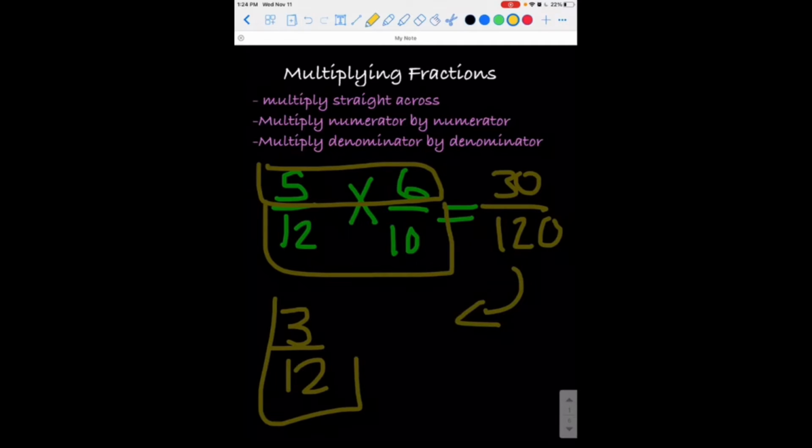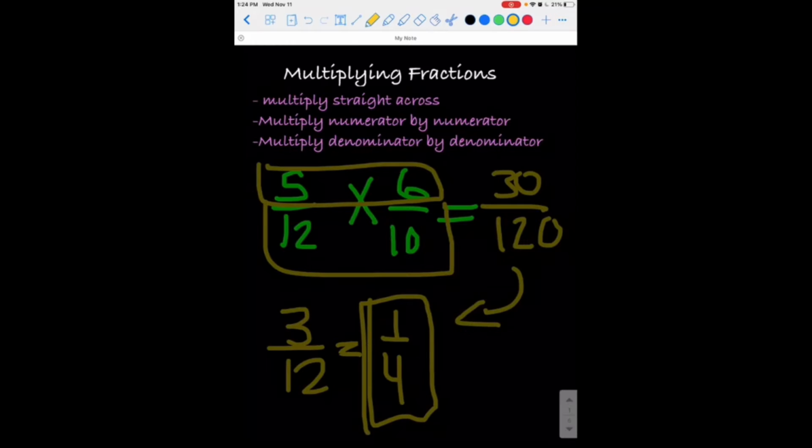But I can't just box that in, because simplifying doesn't mean you only simplify once. You need to simplify to the point where you can't simplify anymore. I can still simplify this and get 1/4. My divisibility rules really do help; watch that video if you need to. I can divide both by 3 and get 1/4. That's why you want to box in 1/4, because now I can't simplify it any further.